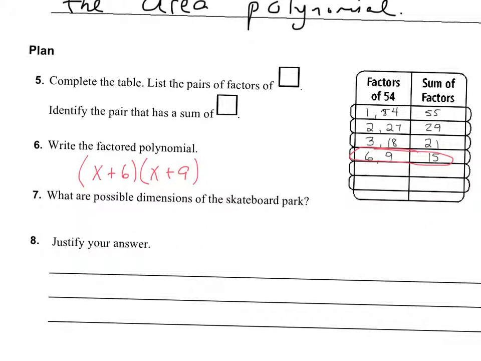So the rectangular skateboard park, you're going to have one side that's x plus 6 and one side that's going to be x plus 9. No matter what we put in for x, the sides of the rectangle are always going to be how far apart? Yes, 3 apart, because one you're adding 6, the other you're adding 9.